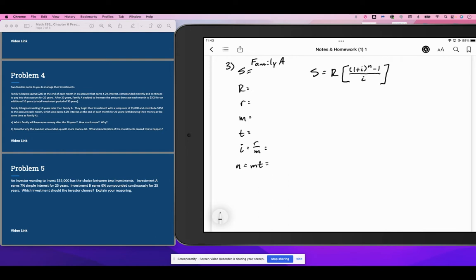And so as you follow me through this, I'm just going to sketch this out here for the purpose of the video. The $200 is an annuity. When they stop making payments, it becomes compound interest. They don't actually stop making payments, they change the amount that they're putting in.